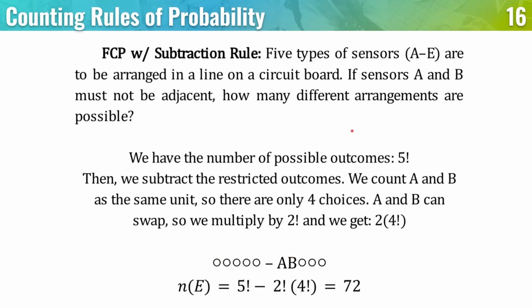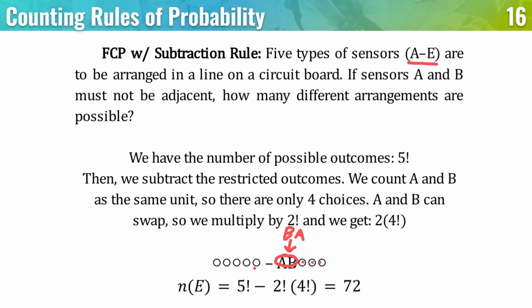So we have the number of possible outcomes being 5 factorial because we have 5 sensors, A, B, C, D, and E. Sensors A and B here cannot be placed together, and they can swap. So they can be B and A. Similar to the number we have answered earlier, A and B are considered as one unit, and then there are 4 units in total that can be arranged.